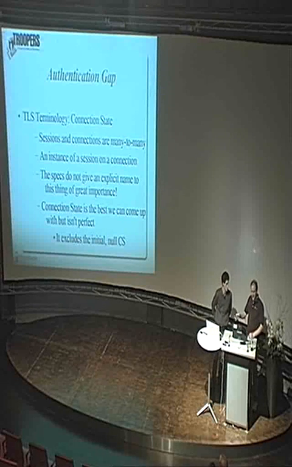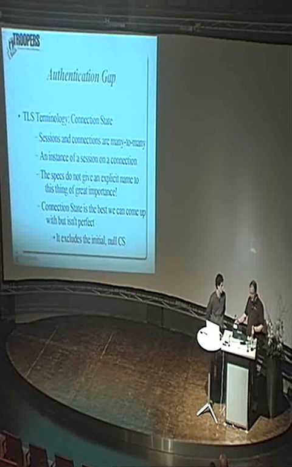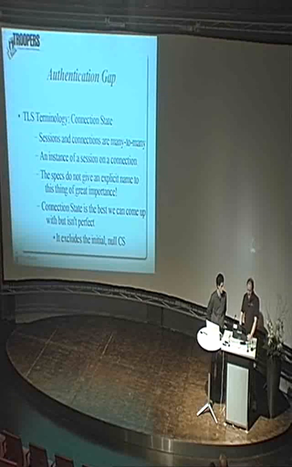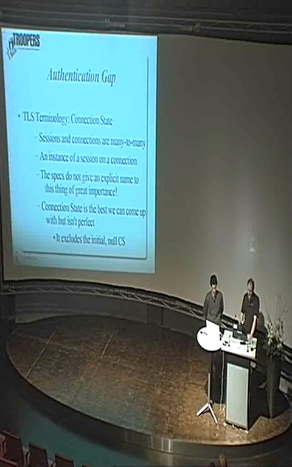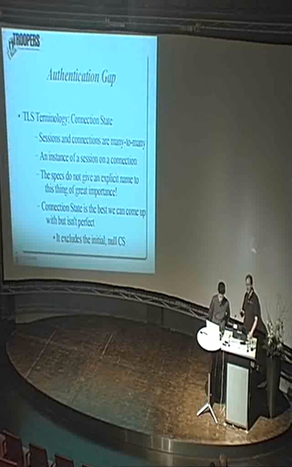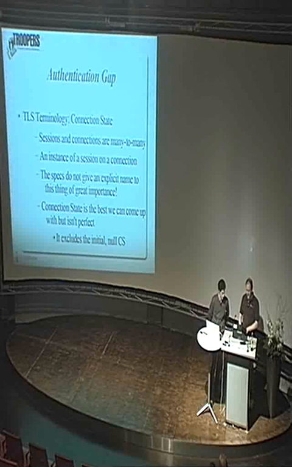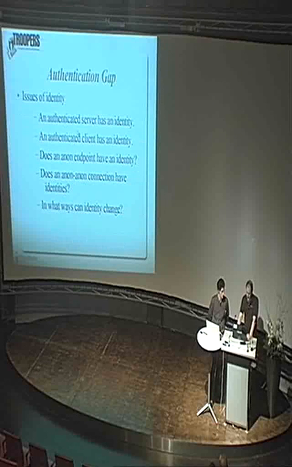You can have multiple sessions on one connection with renegotiation, or you can have the same session on multiple connections with resumption. But they don't give a name so that you can even talk about what it means to have an instance of a session on a connection. It's the thing that results from a successful handshake. The best term I can find is connection state, but it's not a perfect term, and it's not used consistently in the specs.